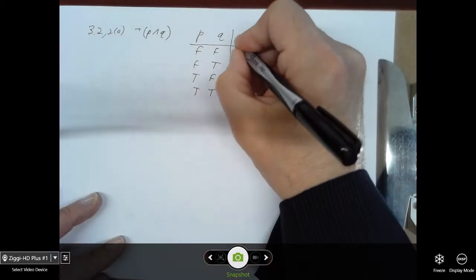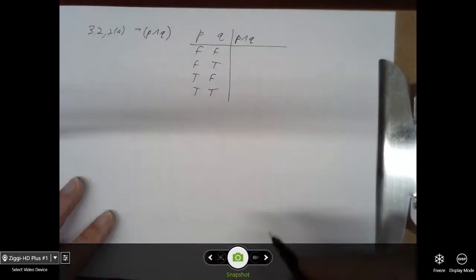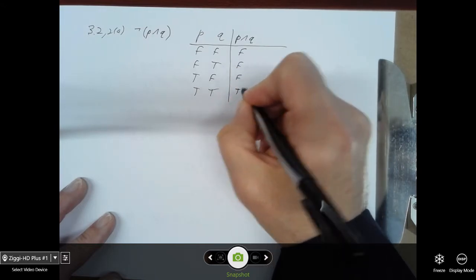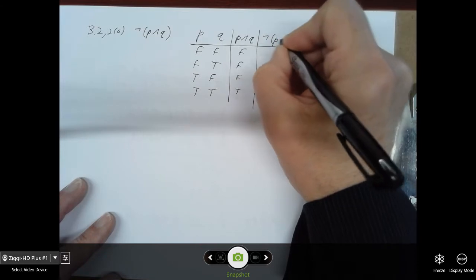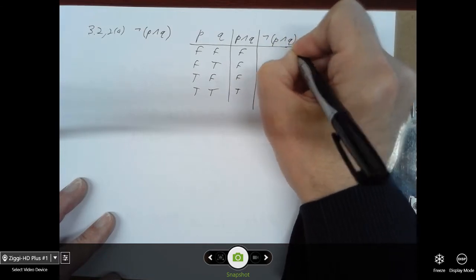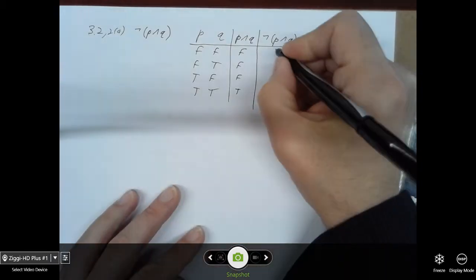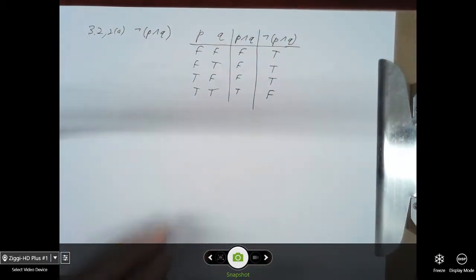So put a column for P and Q because that's just the conjunction and we know that truth table, or we can look it up. And then do another operation on that. Now all we have to do is negate this new column that we just wrote. So that's a single operation to keep track of. So that would be the answer for that. And that's just the truth table of an AND. Right, so we're sort of familiar with that.